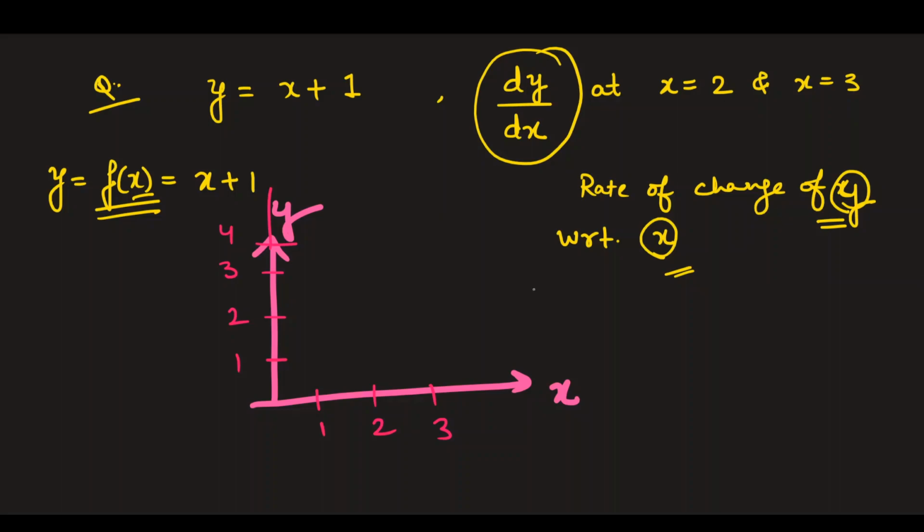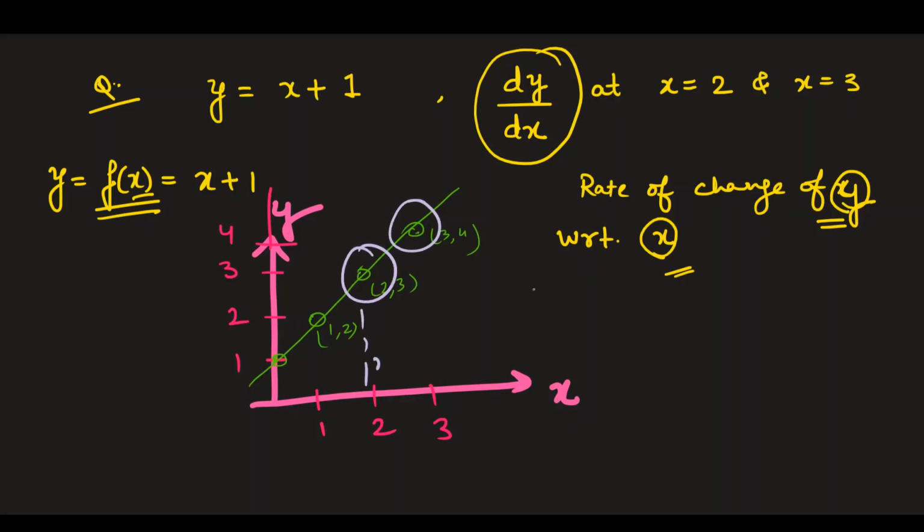The line is somewhat like this. At x equal to 0, y is 1. These are the coordinates: 1 comma 2, 2 comma 3, and 3 comma 4. We are interested in these 2 points.